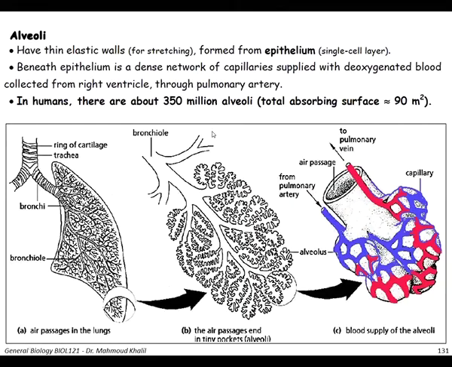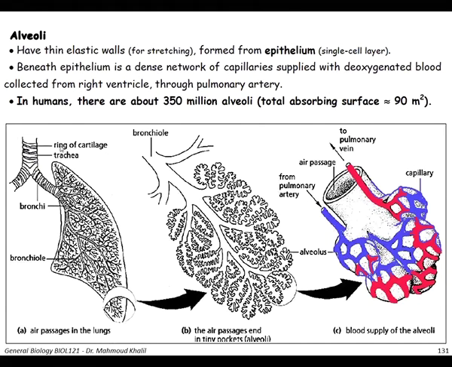So what about the alveoli, as the structure and the main part of the lung that actually does the process of gas exchange? You can see here that the lung, the bronchi, the trachea is supported by a ring of cartilage.